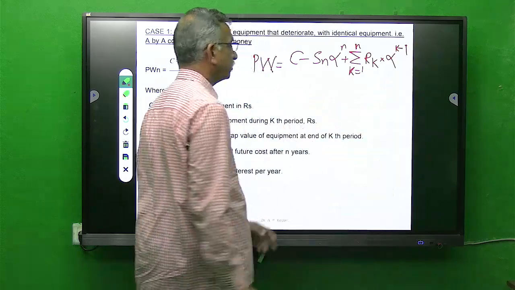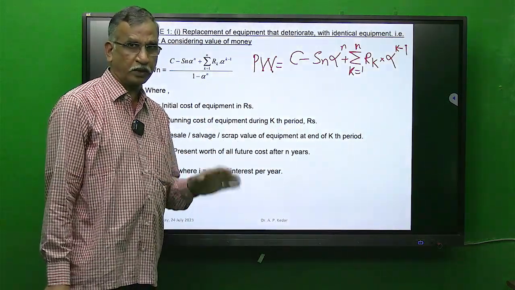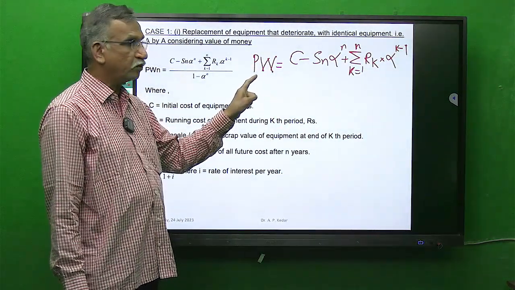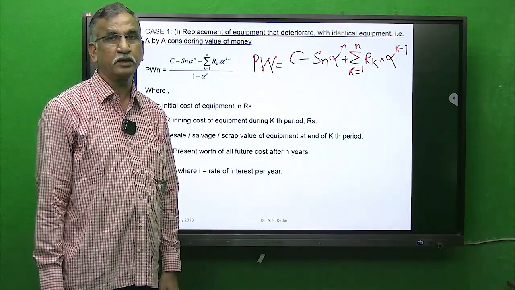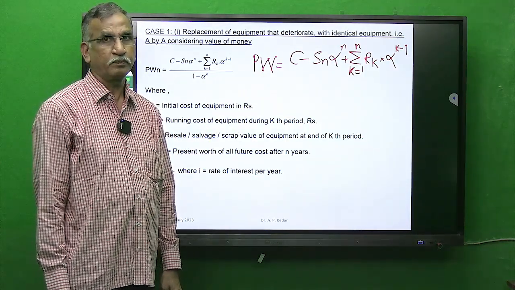Students, this formula holds good. Again I am repeating, this formula holds good when running cost is expended in the beginning of year.